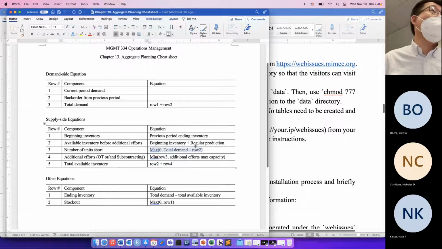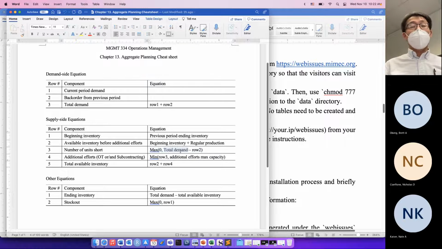If demand is smaller than the availability, this will become a negative number, meaning that you don't have a shortage. In those cases, you probably don't want to consider the number of units short. So that's the bigger between 0 and the difference between the demand and the supply, if that makes sense. Some of you may want to use the IF function to do this part. Some of you can simply use MAX like I'm using here.